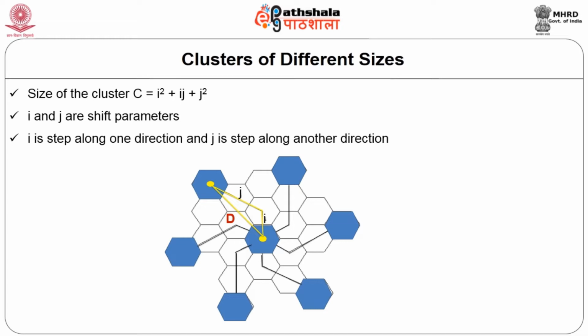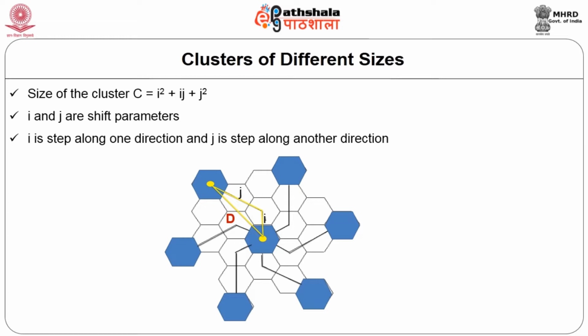For example, if I want to go from one co-channel cell, which is described by frequency A, you can refer to the diagram, to the nearest co-channel cell, again represented by a frequency A, then I take i steps along one direction and j steps along another direction. Now what will be the value of i and j?